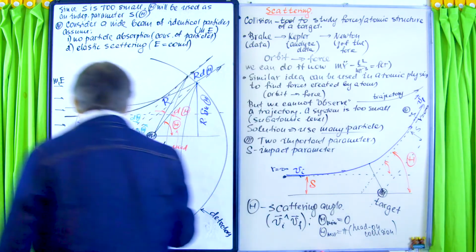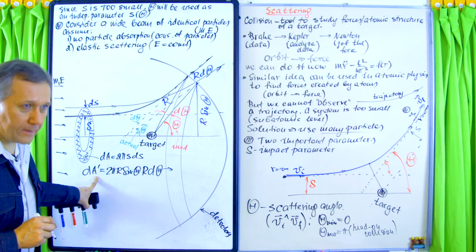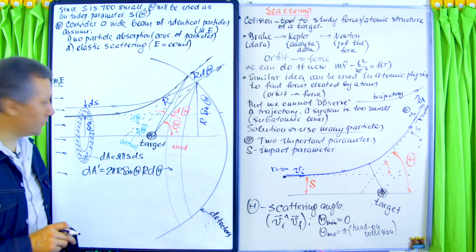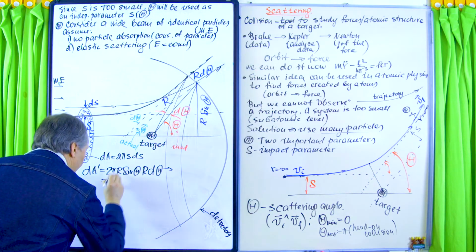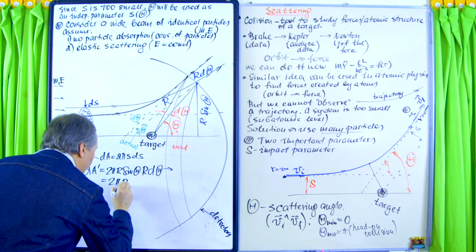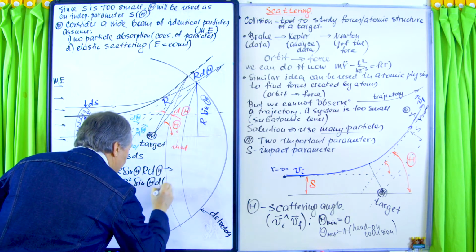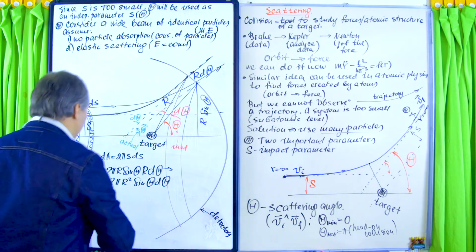And at some point, we will also need the solid angle, which supports this ring. That's simple: just the area divided by r squared. Actually, let me write first 2 pi r squared sine theta d theta. And now let me write the solid angle subtended by this dA.